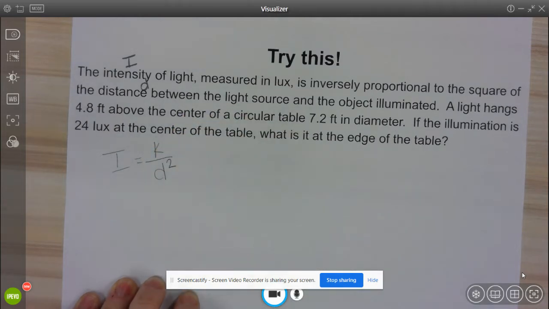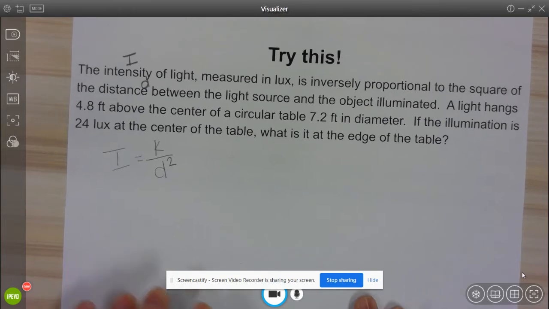So that means distance squared. So the light hangs 4.8 feet above the center of a circular table.